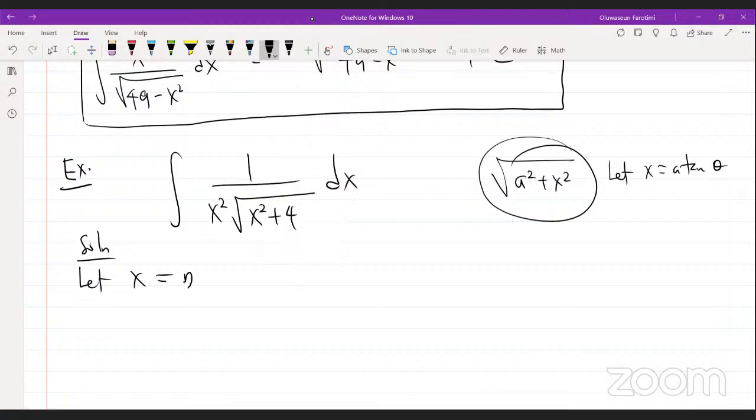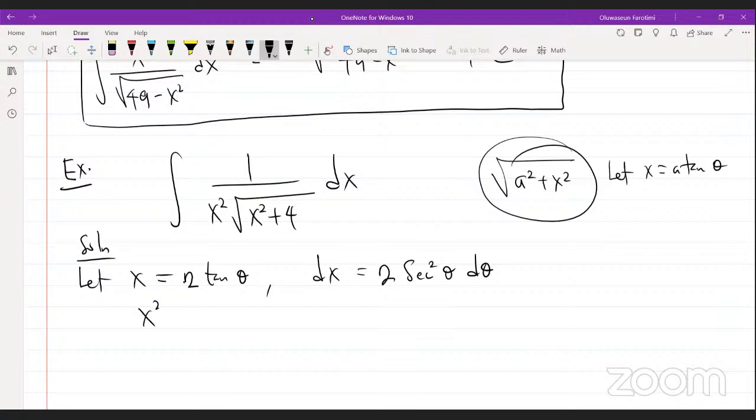So I have 2 tangent of theta. You know the drill, guys. Of course, over here your angle is between negative pi over 2 and pi over 2. What is dx? Differentiate with respect to theta: you get 2, and if you differentiate tan, you get secant squared theta d theta.